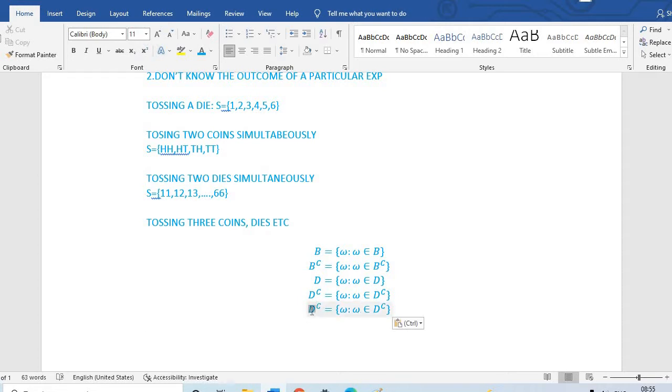Now let us replace this D complement with B complement.